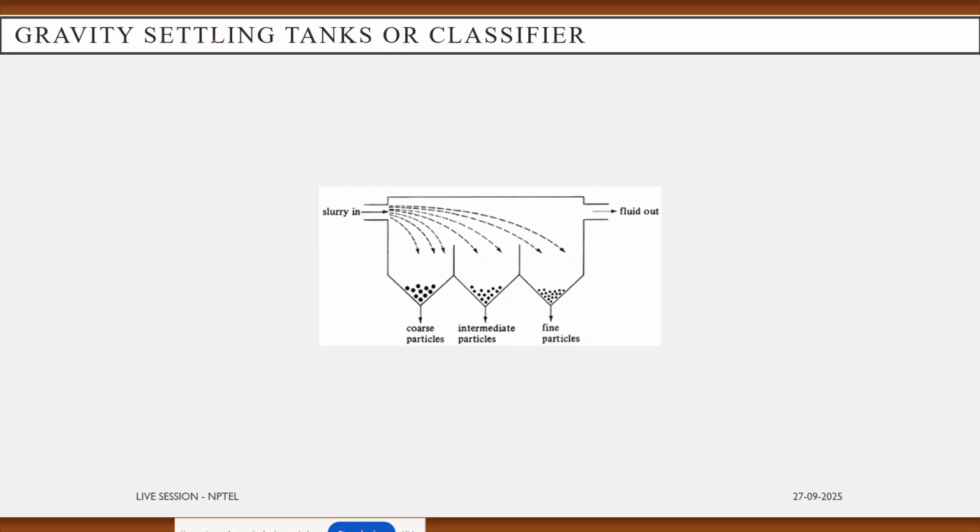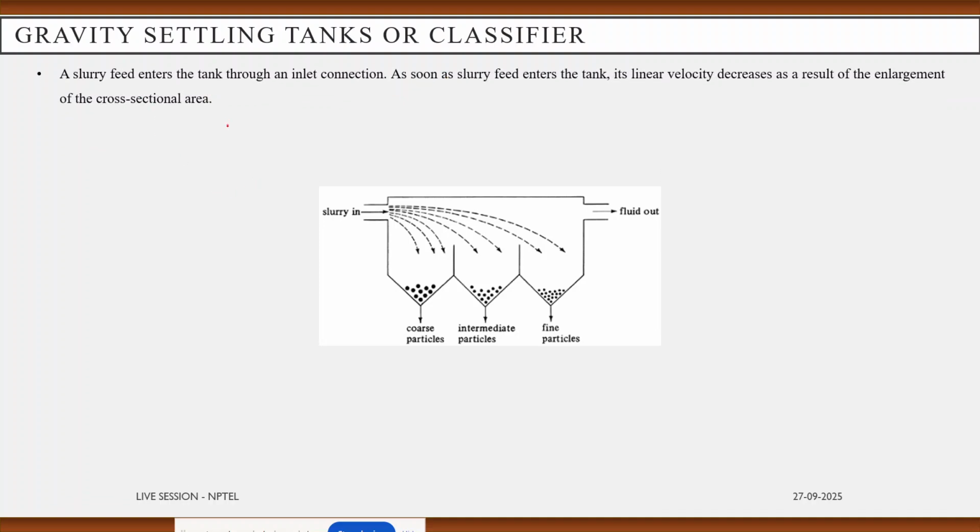Now we are going to discuss the normal settling tank where the gravitational sedimentation is happening, which can also be known as classifiers. So here slurry feed enters into the tank or chamber at a certain inlet concentration.